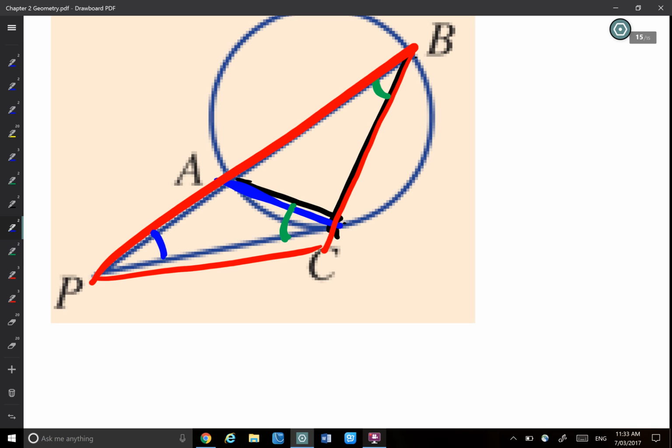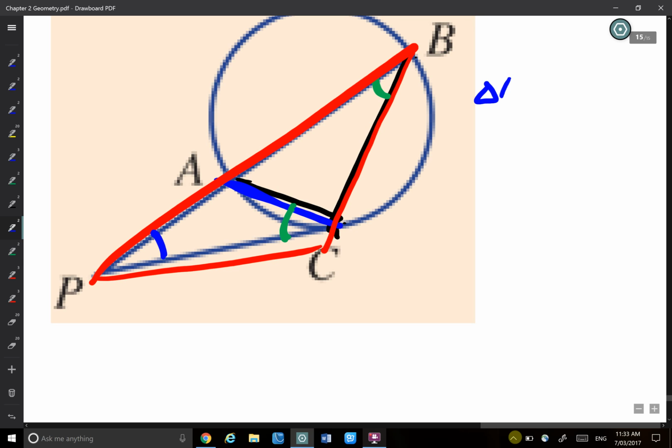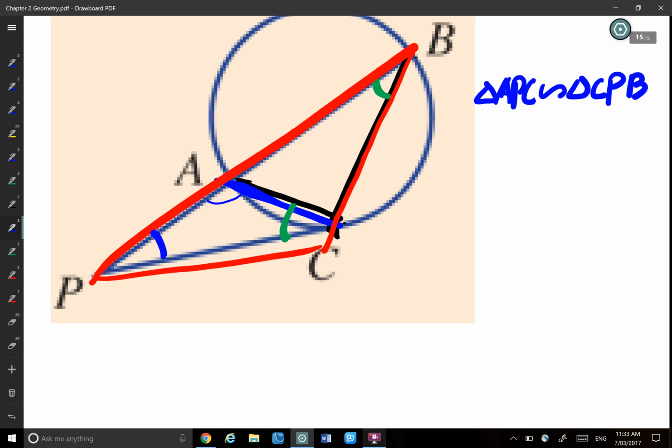So the triangle APC will be similar to the triangle... okay, you start from A, C and P is still P, and C is B. So APC is similar to triangle CPB.